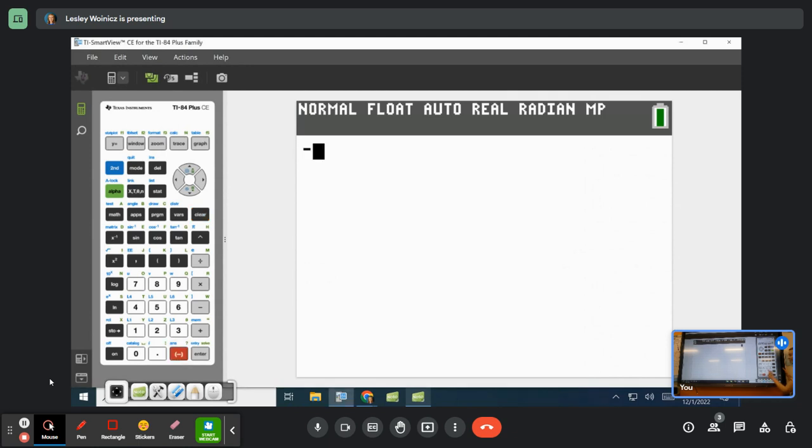So -0.5 times 4, close parentheses, square it, plus 4 times 4, minus 5. Everybody getting 3? Make sure you know how to put it in the calculator because they won't always be ones that you are going to confidently be able to do in your head. And you want to know how to be able to check your work.